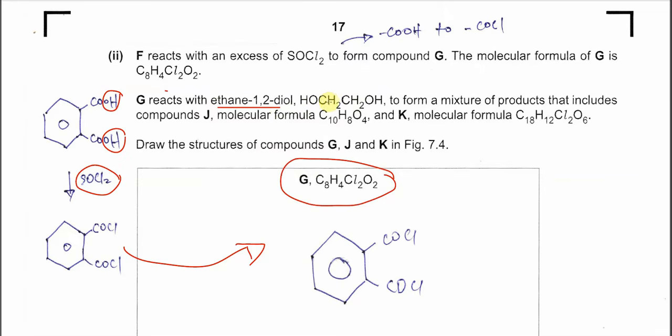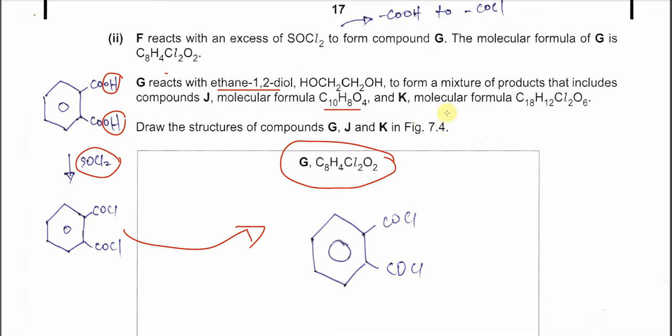And the G will react with this ethane-1,2-diol to form J. J now has a molecular formula C10H8O4. By comparing the carbon number, you should know how many of them react. The G itself is 8 carbon. The ethane-1,2-diol is 2 carbon. Total is 10 carbon. So we know that it must be 1 G and 1 ethane-1,2-diol reacting.